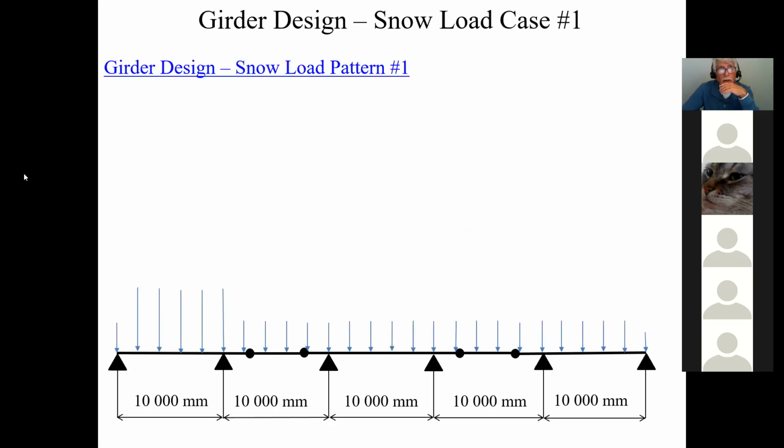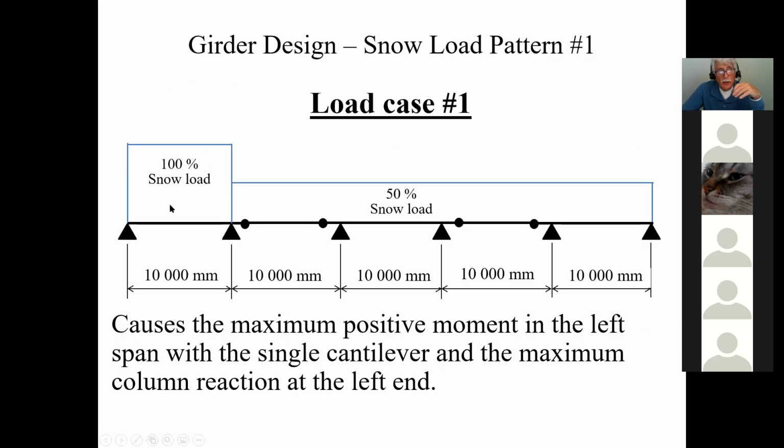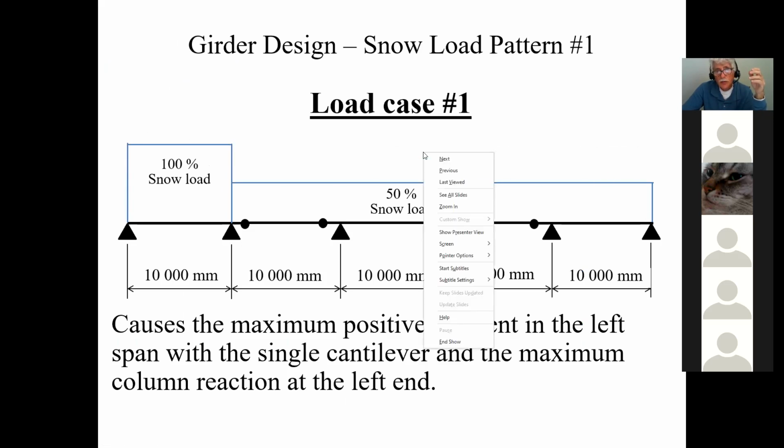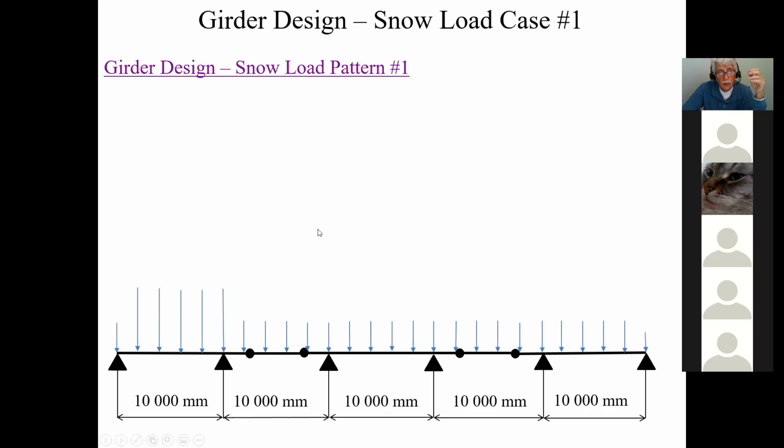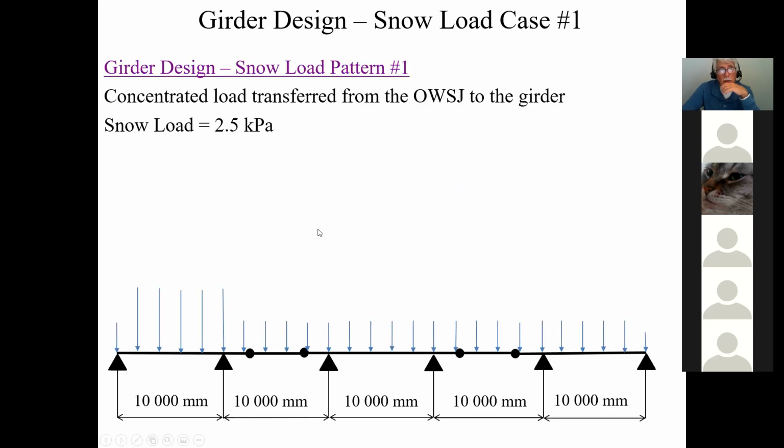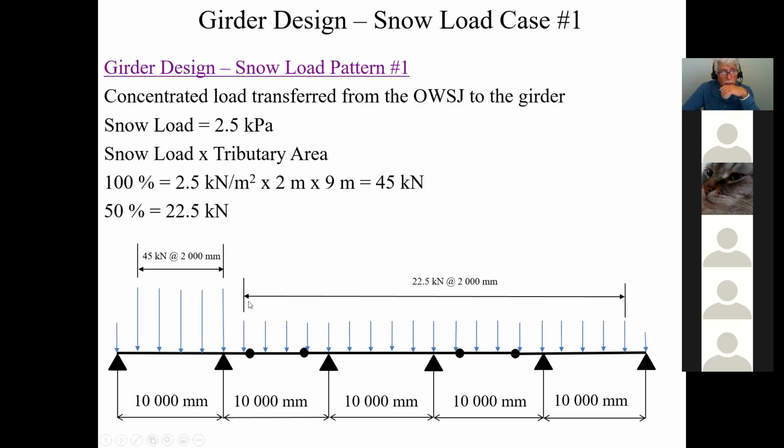So remember, load case number 1, we're putting 100% here, 50% across here. That was case number 1. So what we're going to do is put 45 kilonewtons per meter here.